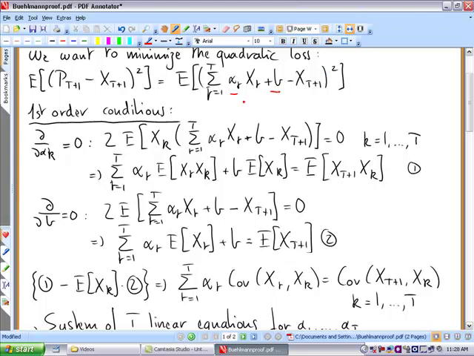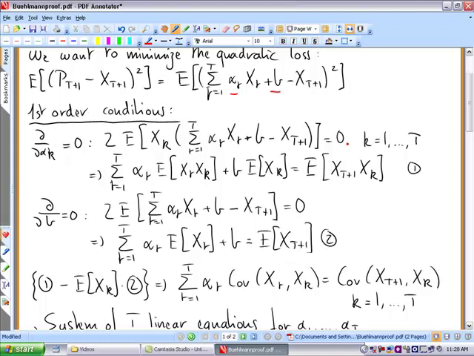If you take the derivative of this, you have a 2 going in front of it, and you multiply by the coefficient of alpha k, when you are taking the partial derivative with respect to alpha k. So you have this expression, and you want it to be equal to 0.